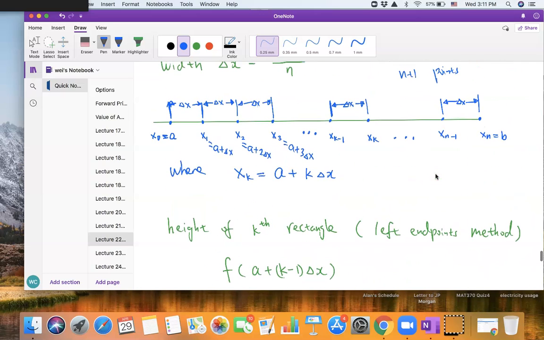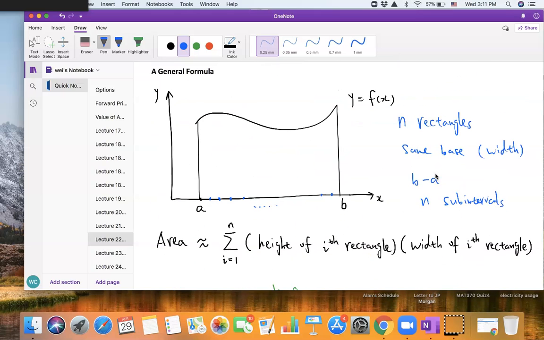If I use the left endpoint method, then the height of the rectangle is given by the function value at the left endpoint of the subinterval, so the rectangle is going to be like this.